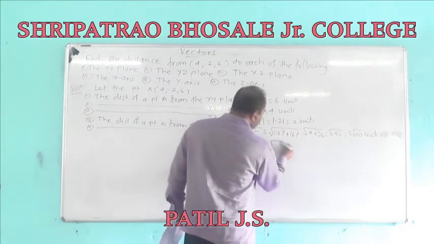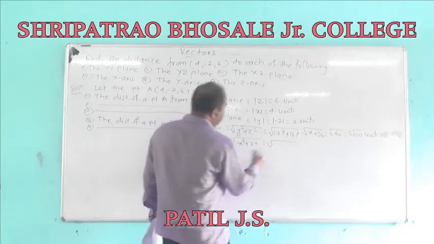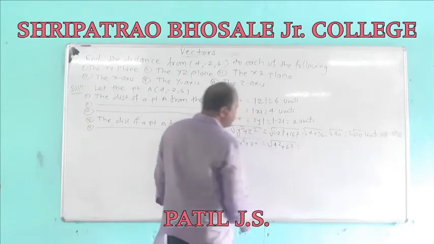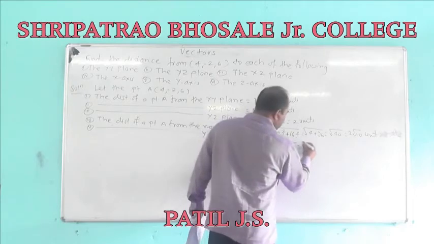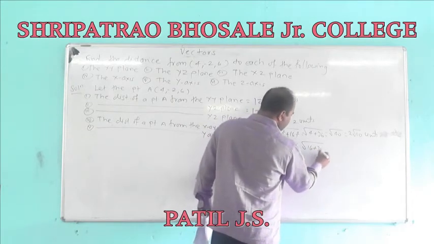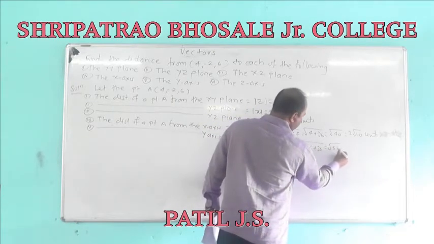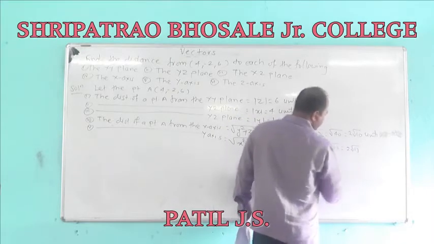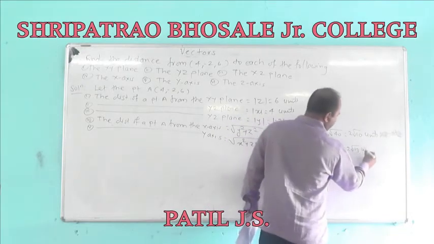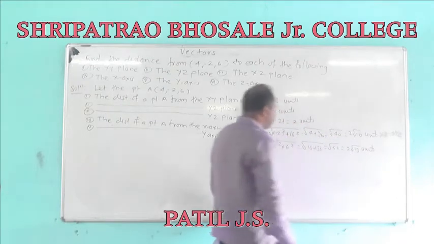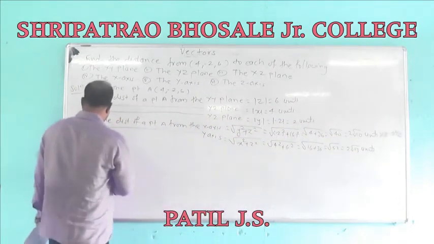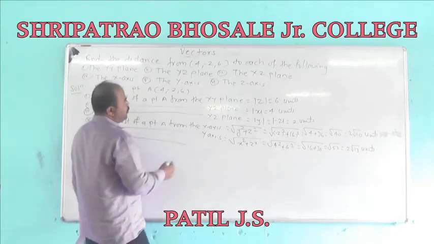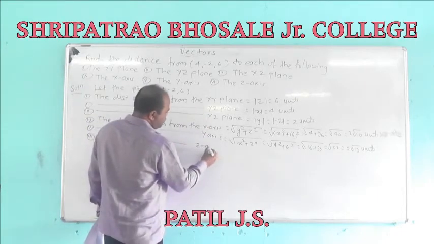This is equal to x means 4 square, z means 6 square, that is 16 plus 36 is equal to 52. That means 2 root 13 units. And next is the distance of A from the z-axis.